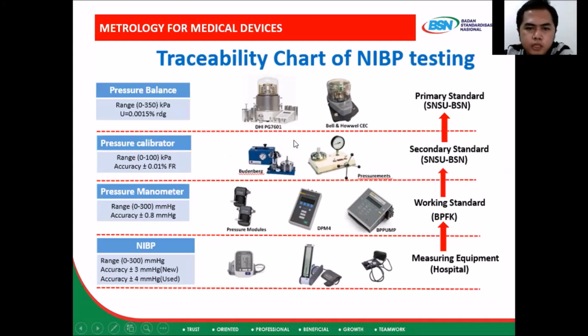We have two standards, Gutenberg, 1 bar, and also the measurements. And this is traceable to our primary standard. This is owned by our NMI in our institution.